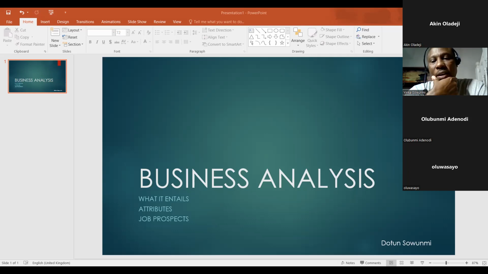And you cannot stay in front of a computer and get all this done sometimes. You need to really sometimes visit the site, meet people one-on-one. You understand? So it is not all the time. But by the time you are confident, you really know what you are doing, you can know different strategies of eliciting requirements from stakeholders.